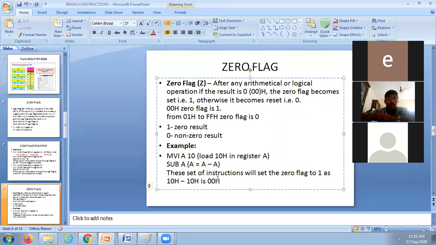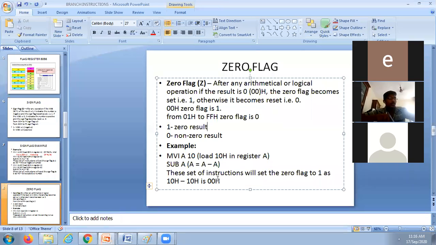If the result is not 0 due to arithmetic or logical instructions, then the zero flag is reset. Reset means 0, set means 1. Are you clear or not? Whenever you get a 0 result because of arithmetic or logical operations, the zero flag is set.